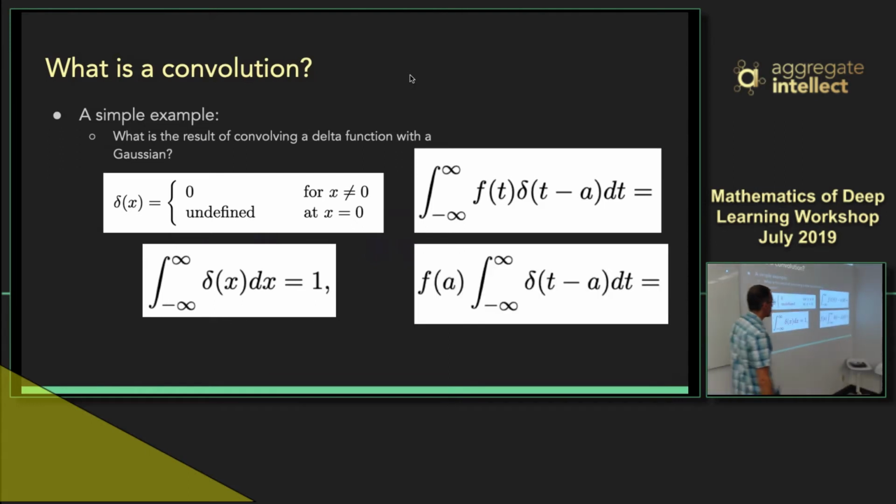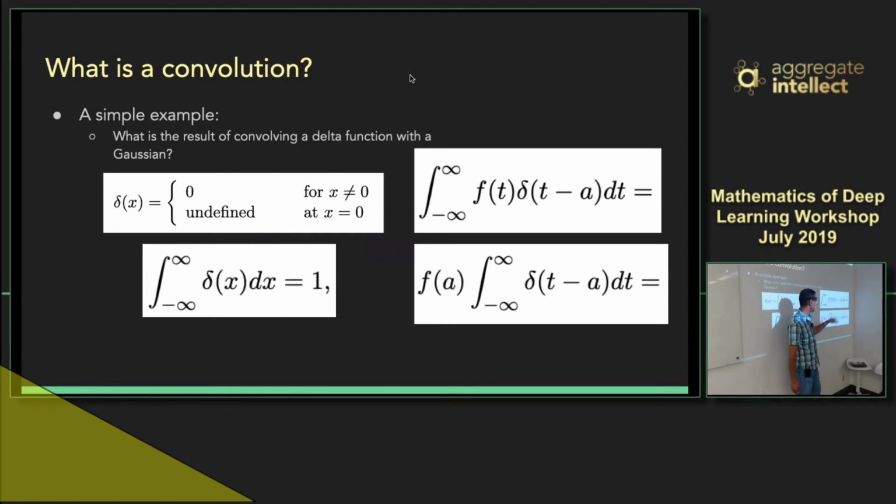All right, so the delta function is 0 everywhere except this point a, right? So I can take f out of the integral at point a, so that's f of a, and then I'm left with the integral of the delta function. What is the integral of the delta function from minus infinity to infinity?